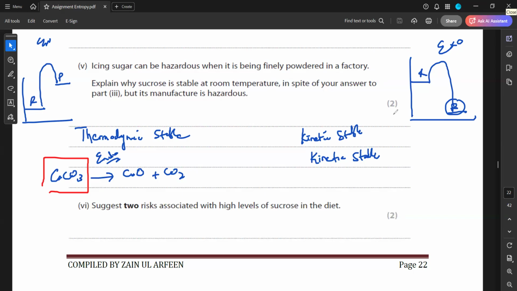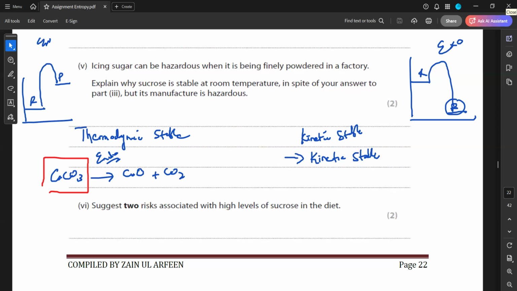So the petrol is kinetically stable because it should burn and produce carbon dioxide and water, but it is not burning by itself. There is some energy we need to start up the reaction. So we call those types of reactants kinetically stable.